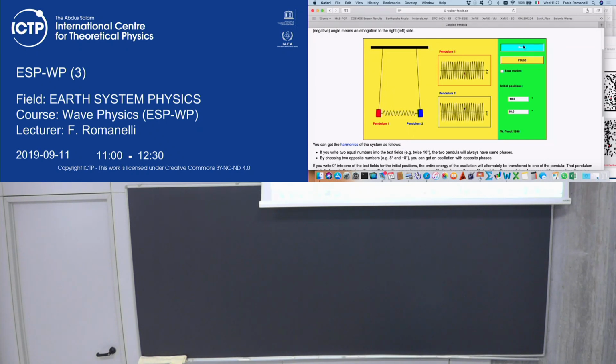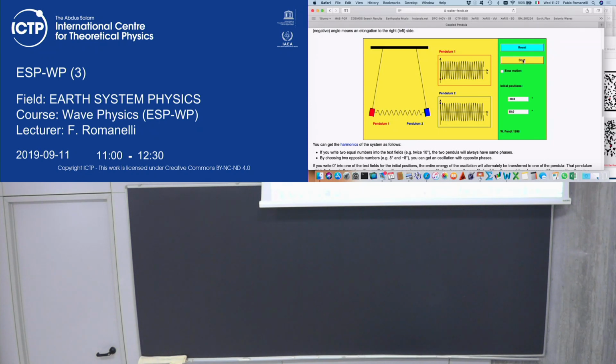Okay, now, since the system is linear and it has 2 degrees of freedom, you can show, formally, I cannot, that the base, orthonormal and complete base of the system is given by the two modes.